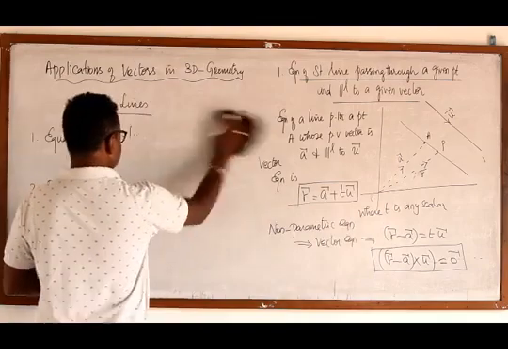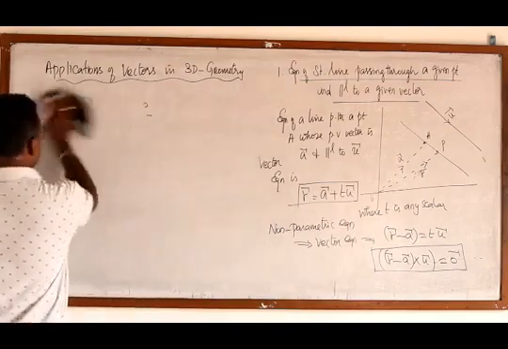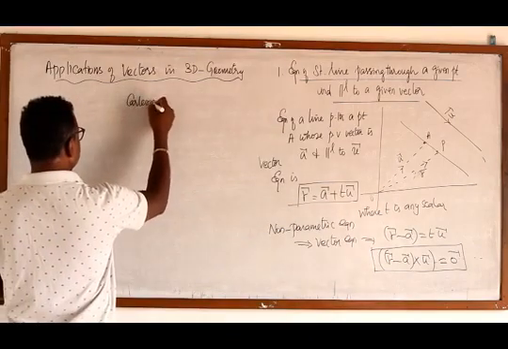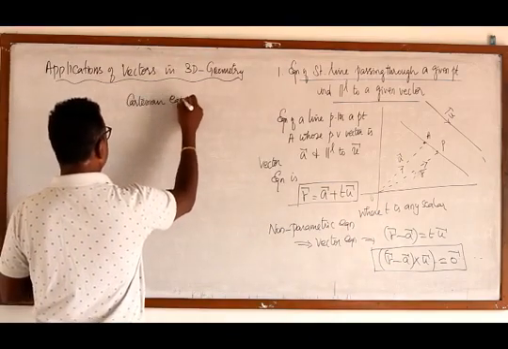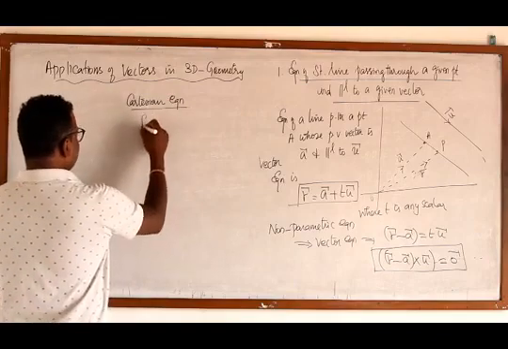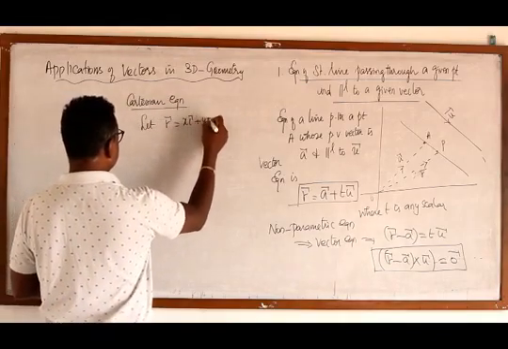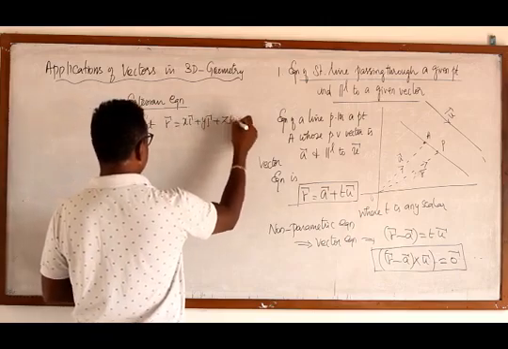Then there is another format, our usual format, called the Cartesian equation. Let r vector be any vector, so it is xi plus yj plus zk.